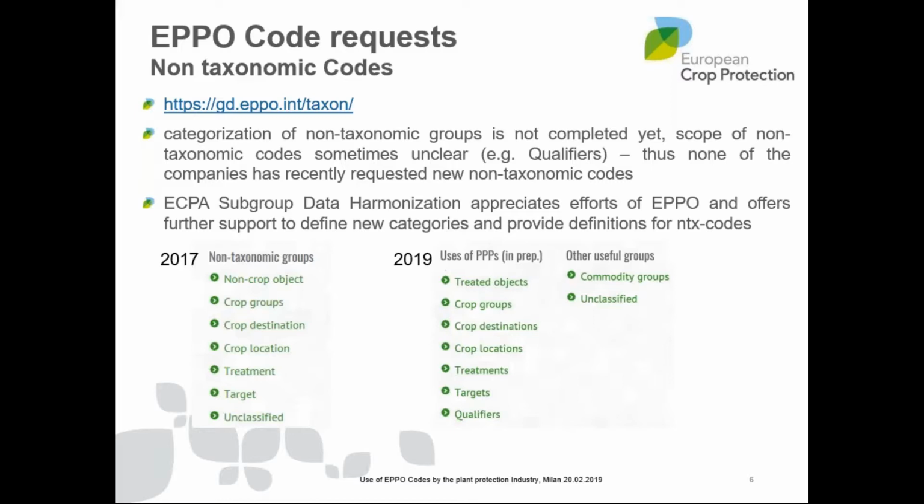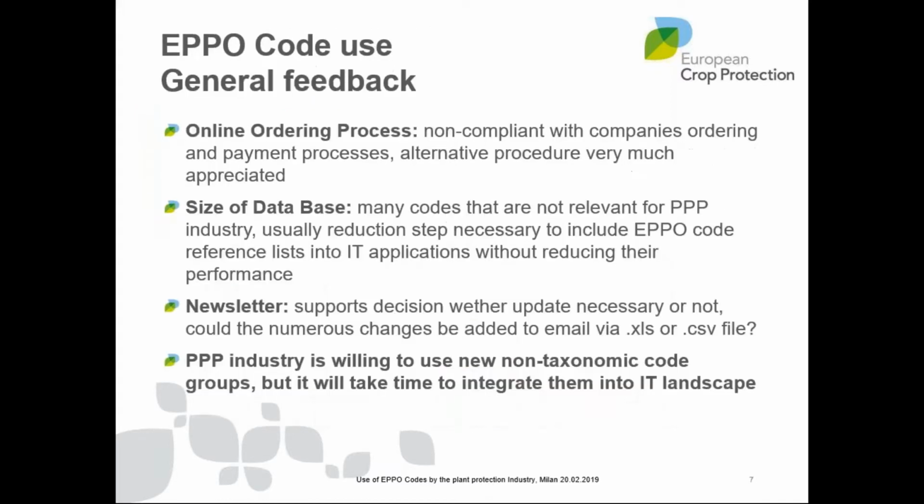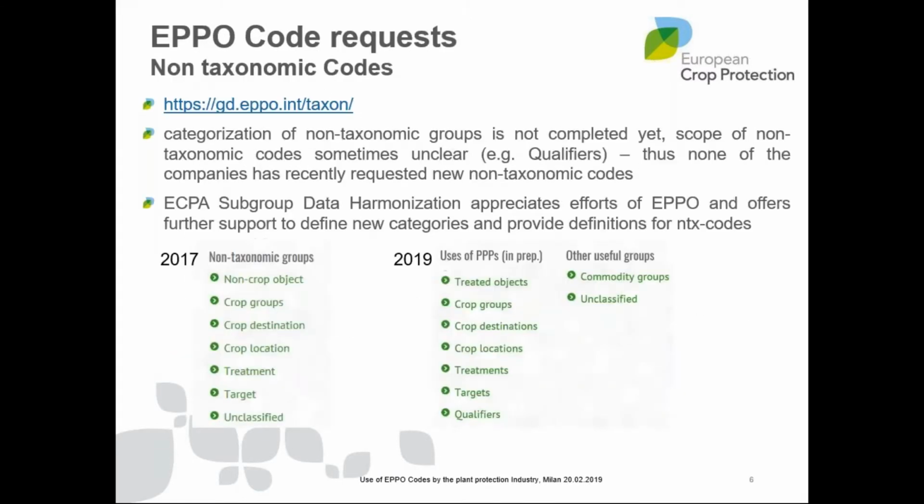On the other hand, the EPPO subgroup for data harmonization really appreciates the efforts of the EPPO to provide non-taxonomic codes, and we are already involved, and we offer further support to define new categories and provide definitions for non-taxonomic codes. So in the lower part of the slide, you just see what has happened here.